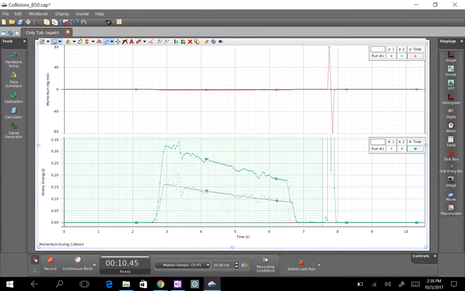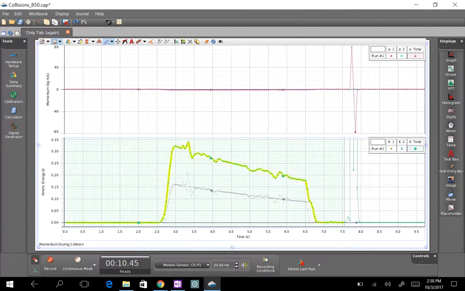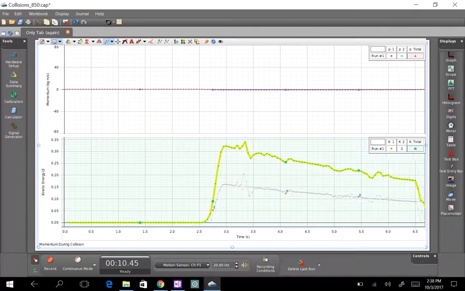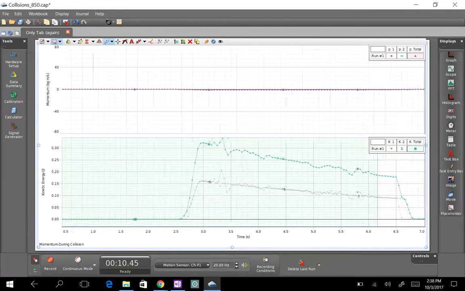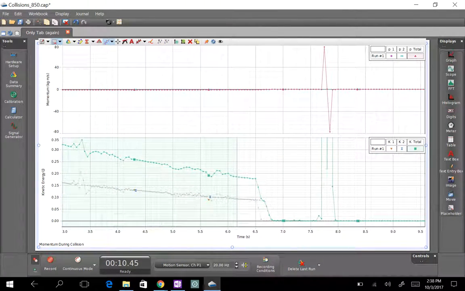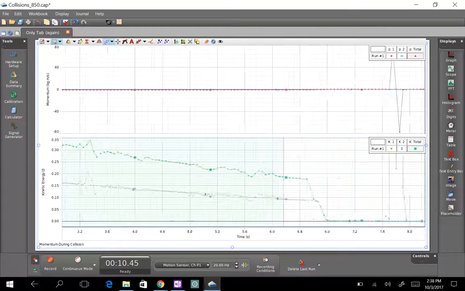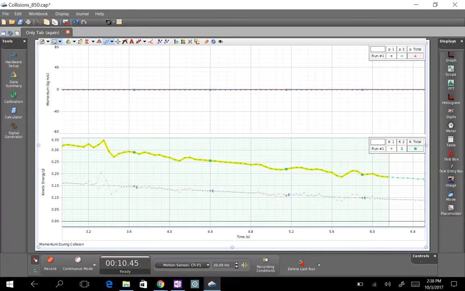Now I need to scale this better because I don't care about anything except the relevant data. I don't have a delete button here, so I guess I won't delete it. There I see only the data that mattered to me.